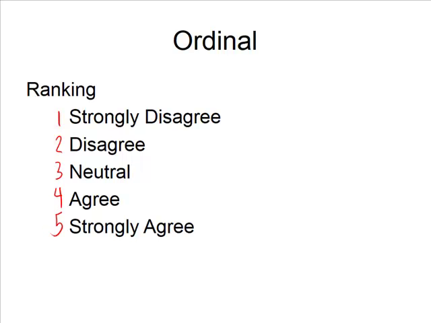So I could assign 1 through 5 numbers. They have to be in order, and they have to match the order of the options, right? But I can change those numbers. I can change the centering of those numbers. I can make neutral be 0, and then a positive feeling be a positive number, and a negative feeling be a negative number.